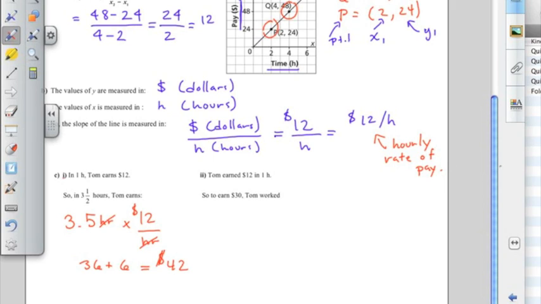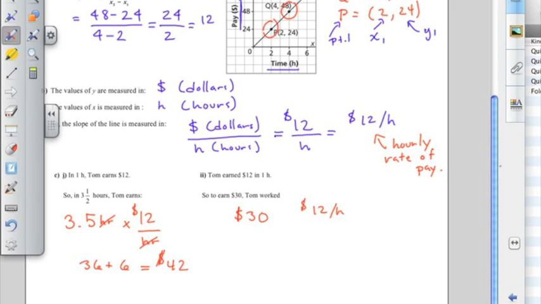The second part of this question says, if Tom earned $30, how long would he have worked? So we know that he earned $30, and we've got this rate of pay of $12 per hour. So what are we going to have to do with that to convert $30 into hours?